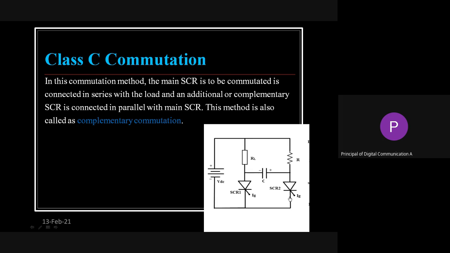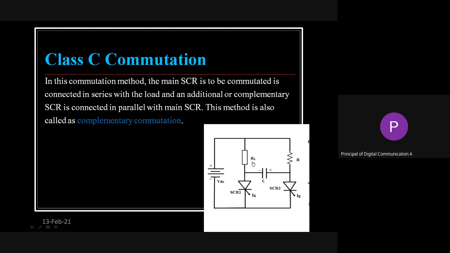So the remaining part is that when T1, that is SCR1, goes off, म्हणजे हे ओपन सर्किट झालं. Got it? But still two loops are there through which the current is going to flow.